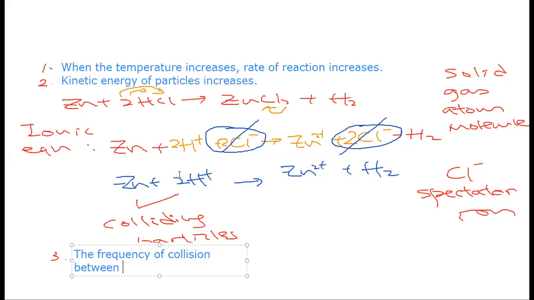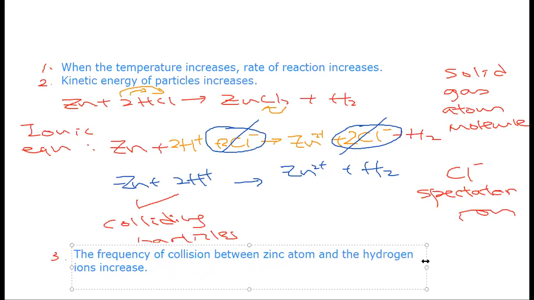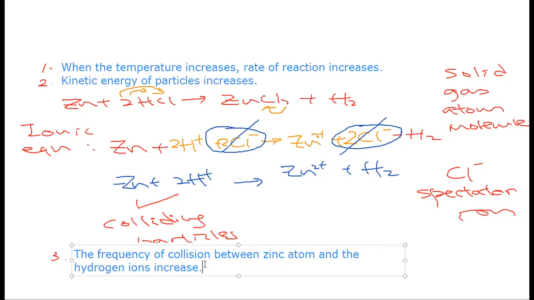The zinc atom and the hydrogen ion. Zinc atom, remember to put the atom, and the hydrogen ion increases. Previously I told you, when a reaction occurs and it produces product, the particles must collide with each other. If they do not collide, the product will not be formed.